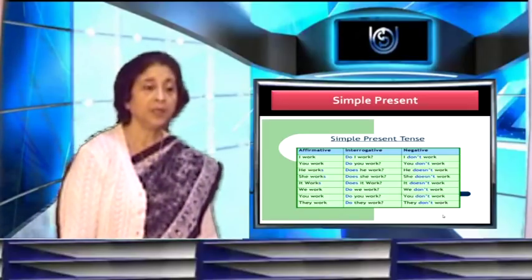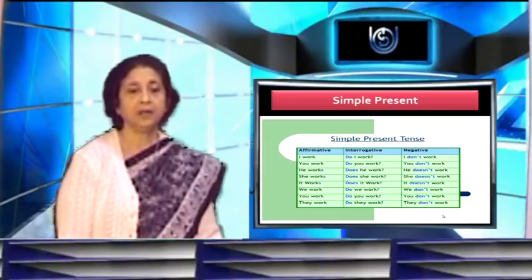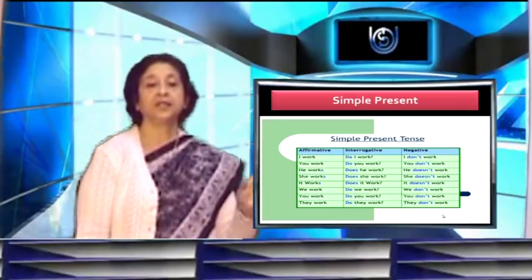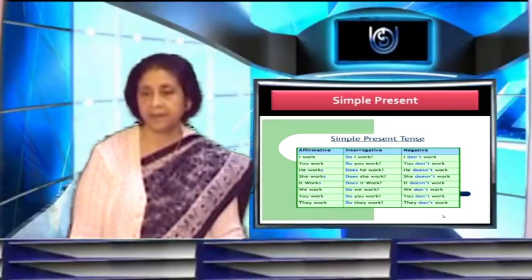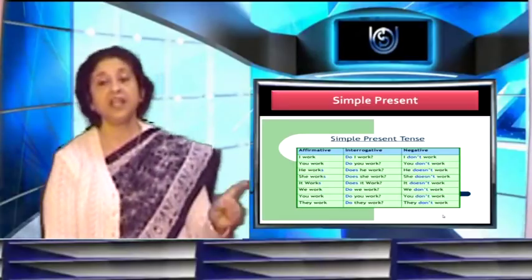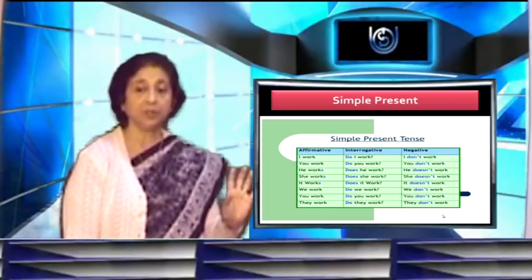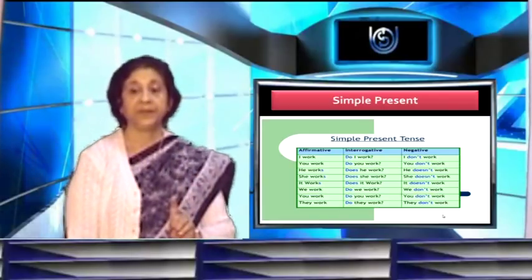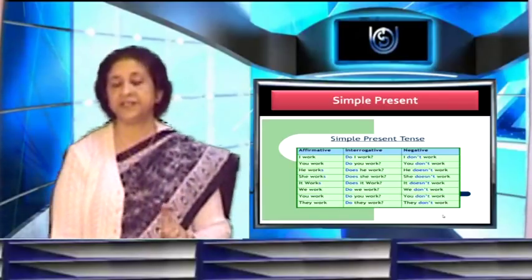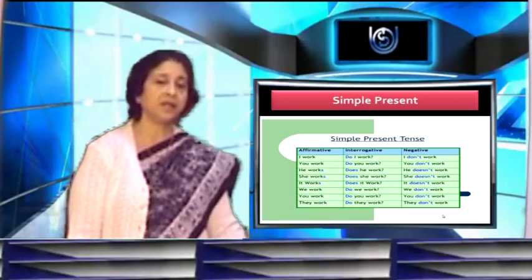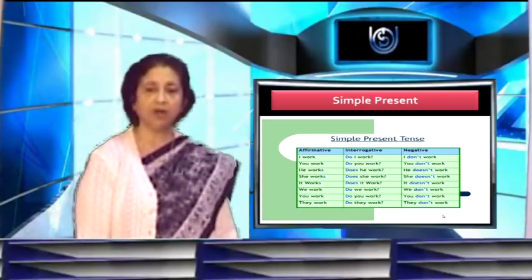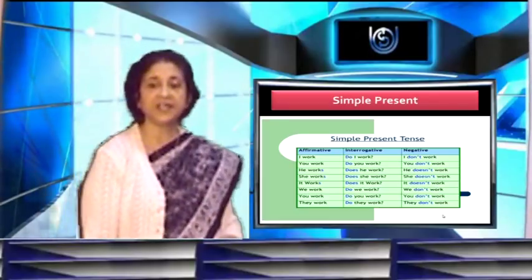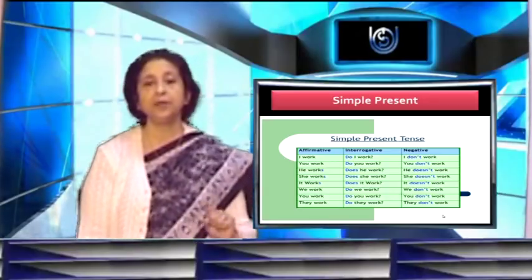As I told you, when the subject is singular, when I was teaching you subject and verb agreement, I explained that if the subject is singular, then to the first form of verb we put S. So in interrogative sentences, like he works, look at the screen, he works, to the first form of verb I have put S. When we make interrogative sentences, does he work?